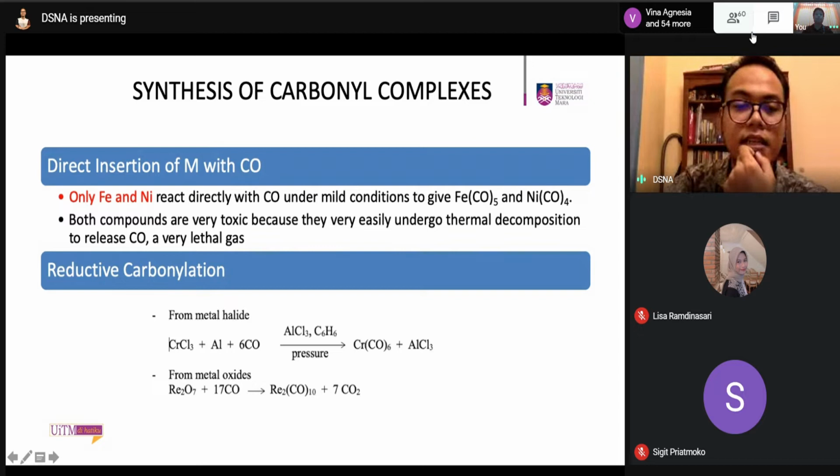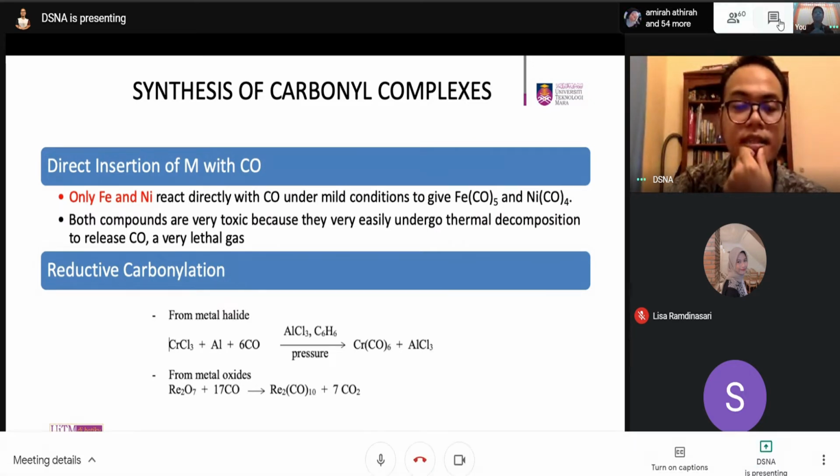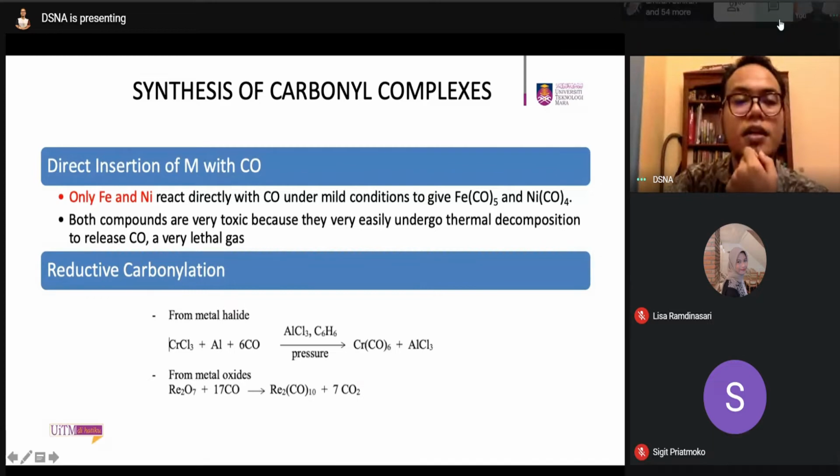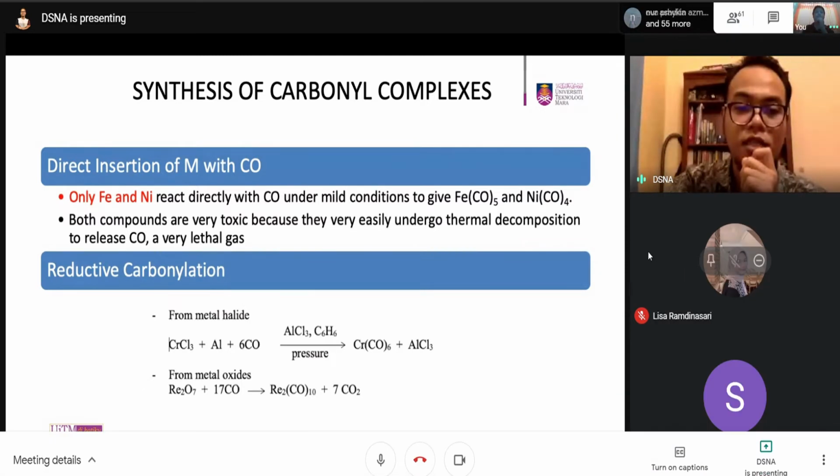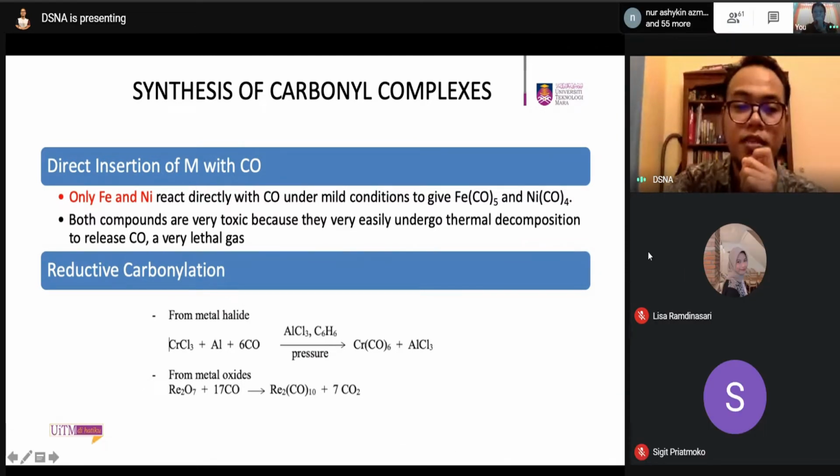So this is reductive carbonylation because there is some reduction and oxidation taking place here. We can also do reductive carbonylation from metal oxides. So rhenium oxide here, Re2O7. Using carbon monoxide, you're going to get the metal complex.